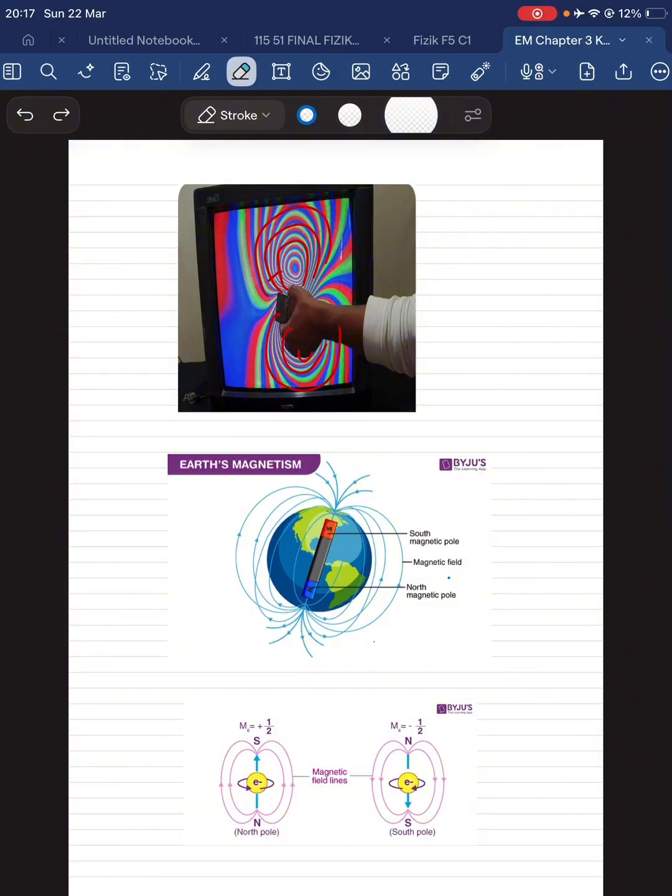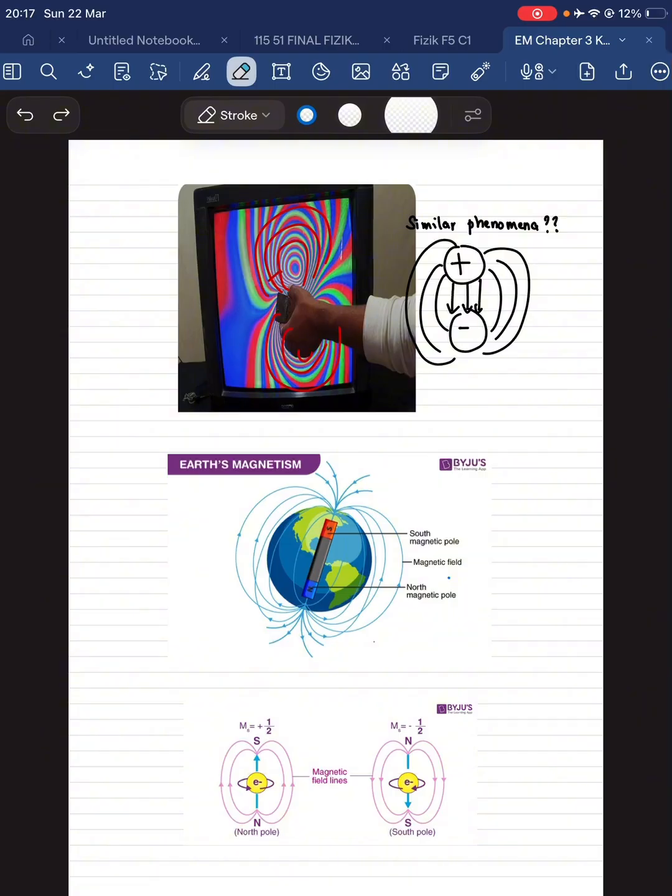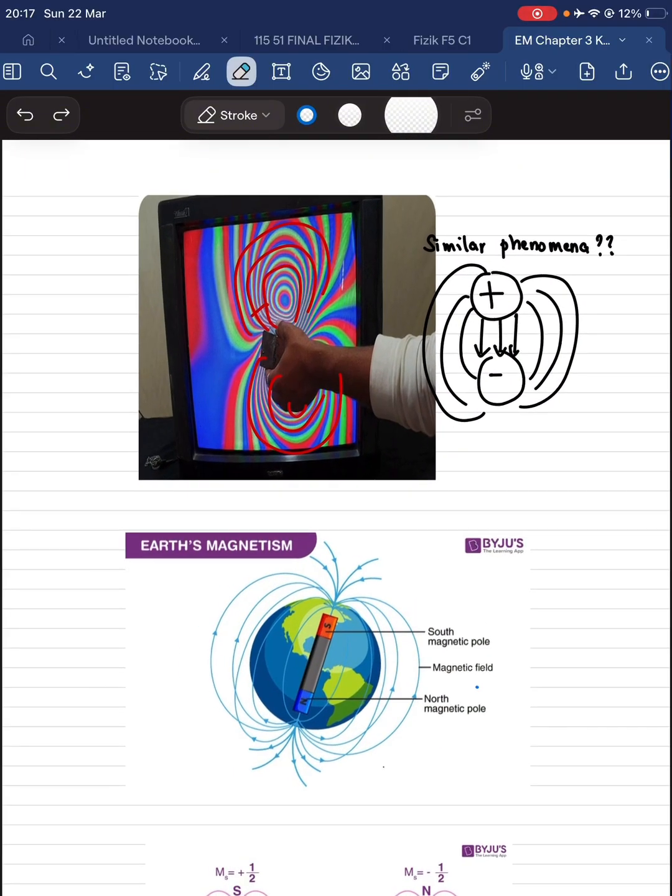And you might think, when you learn physics, electricity, you can relate this pattern to the electric field, right?